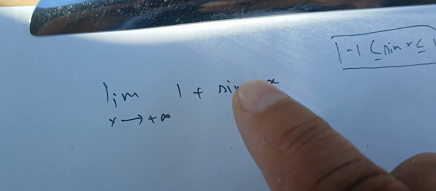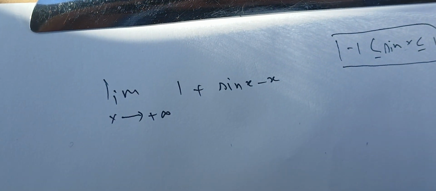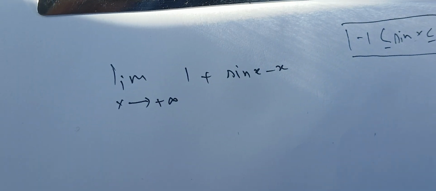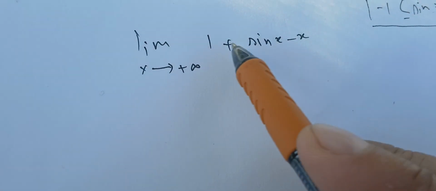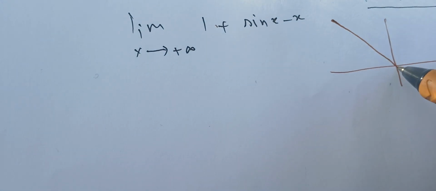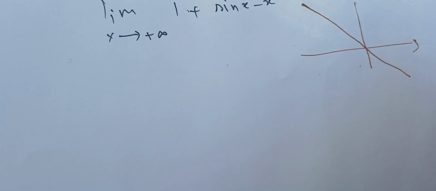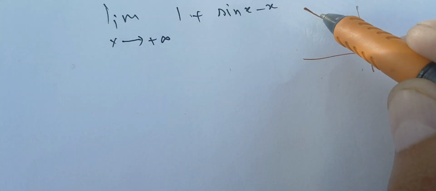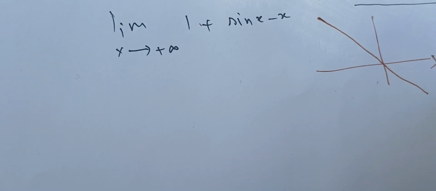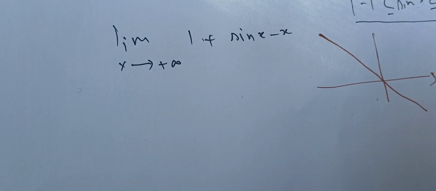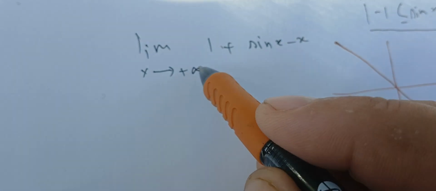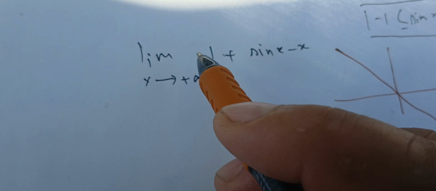We can also treat this graphically. We can ignore the 1 and the sine and treat this function, minus x, and we see that it goes to plus infinity as x goes to minus infinity, and it goes to minus infinity as x goes to plus infinity. But we are interested only in this one. We can treat the minus infinity by the end.